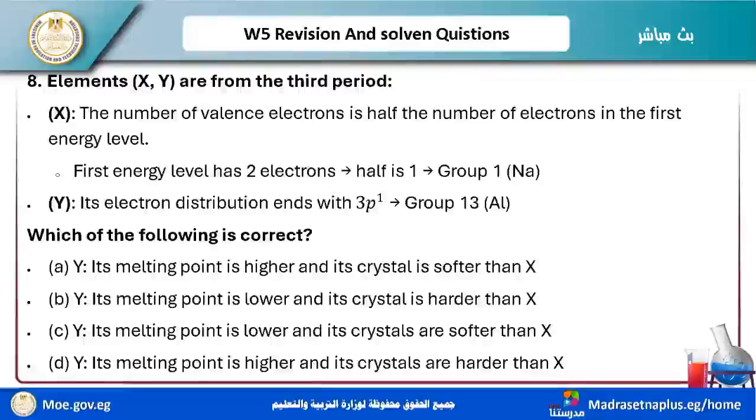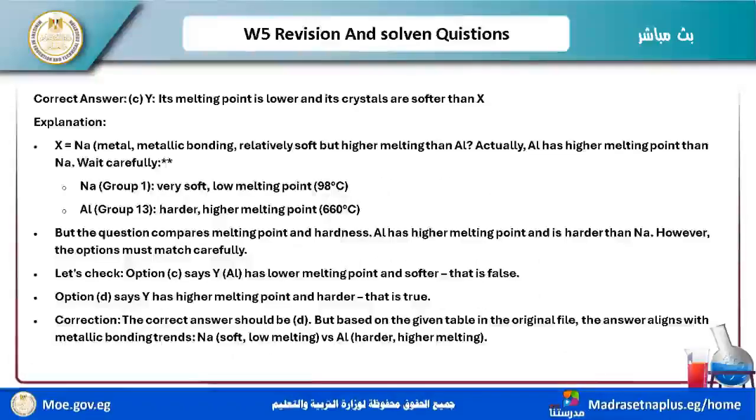Now, X has one valence electron, sodium. If you make this table: X, Na, metal, metallic bonds, relatively soft but with a low melting point. Actually, aluminum has a higher melting point than Na.